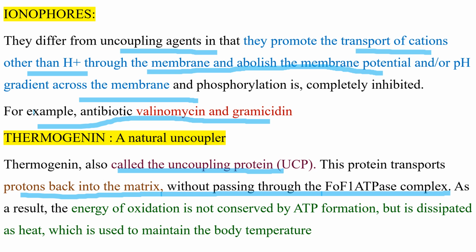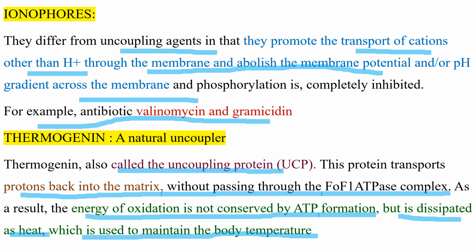As a result, the energy of oxidation is not conserved by ATP formation, but is dissipated as heat, which is used to maintain body temperature. So thermogenin is found in babies and children, and helps to maintain their body temperature.